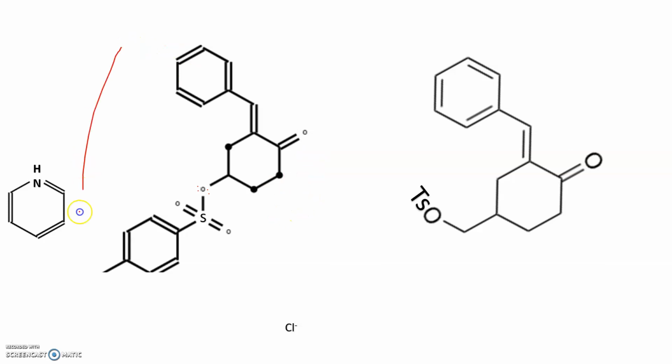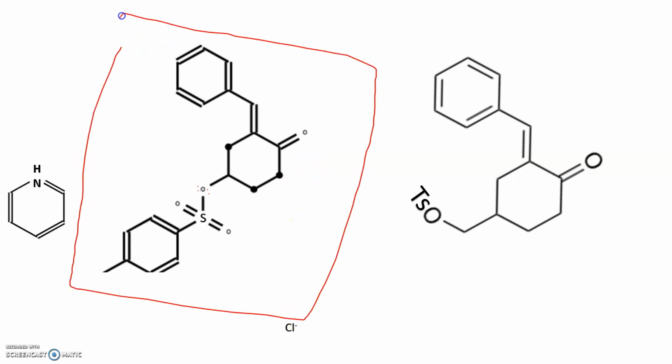So this is our final product, which is also written as TsO. This here being Ts, and the oxygen being right there. Hence Ts for tosylate, and the O for the oxygen.